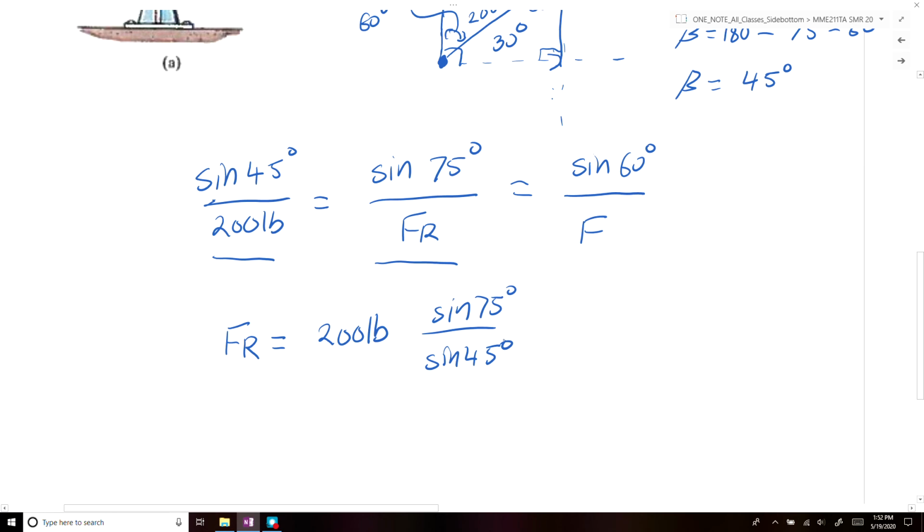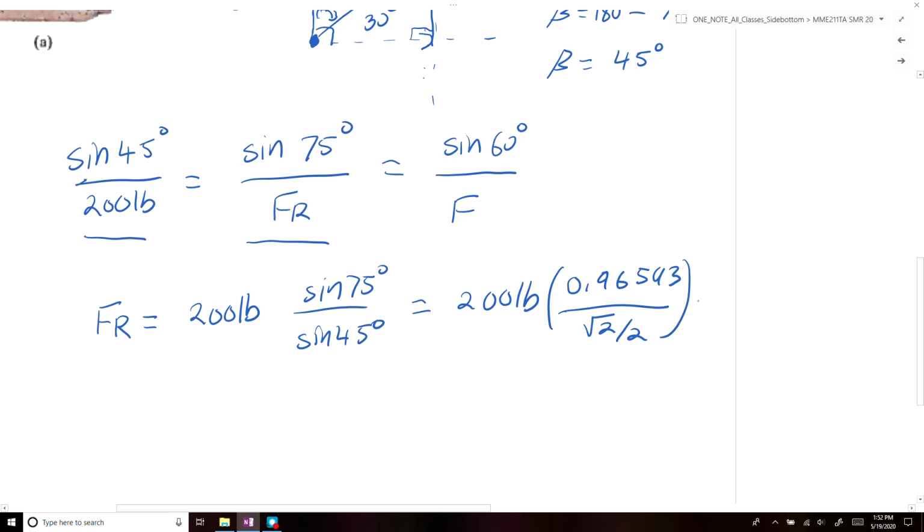The sine of 75 degrees is 0.96593, and the sine of 45 degrees is radical 2 over 2. So that's going to be equal to 273 pounds.